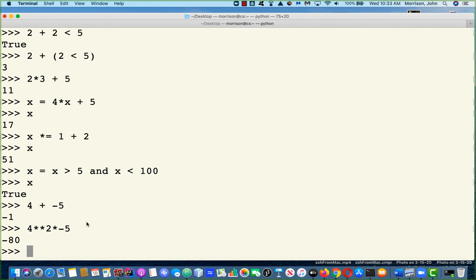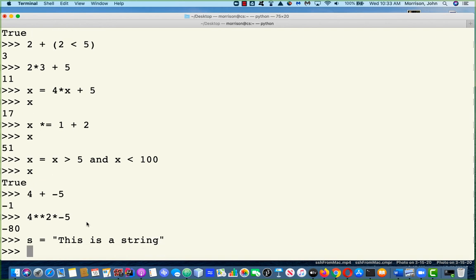Now, one other operator that you're going to see is the dot. The dot is the genitive case. So say I make a string. s is equal to, this is a string.